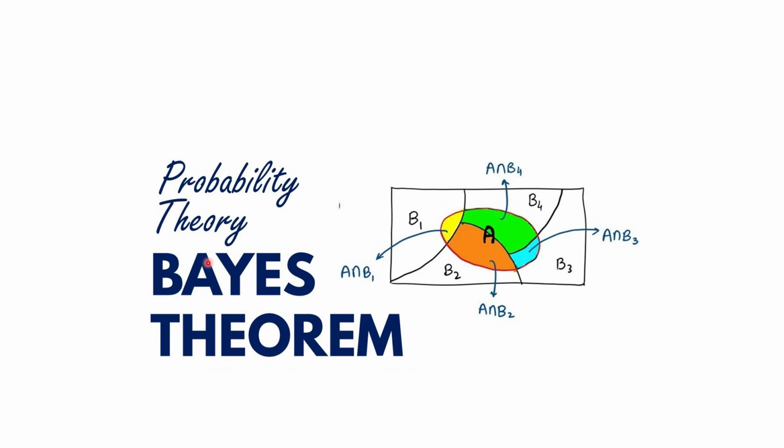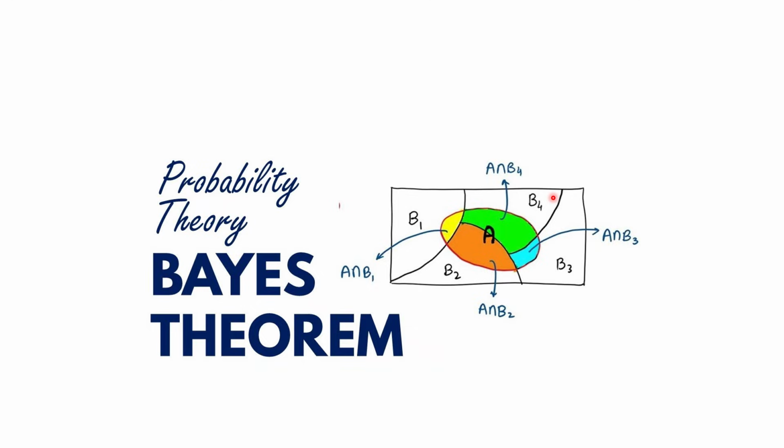Now, Bayes theorem. In Bayes theorem, there is a sample space. Out of that, there is a partition whose parts are mutually exclusive, means nothing is common, like B1, then B2, then this is your B3, and this is your B4. So among B1, B2, B3 and B4, nothing is common.